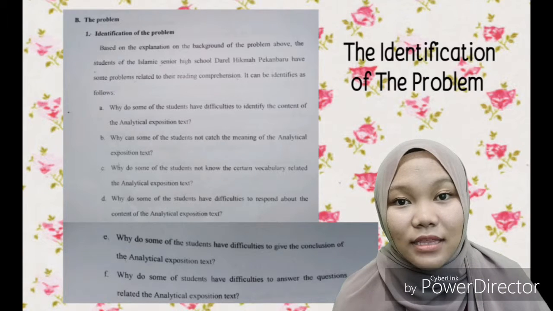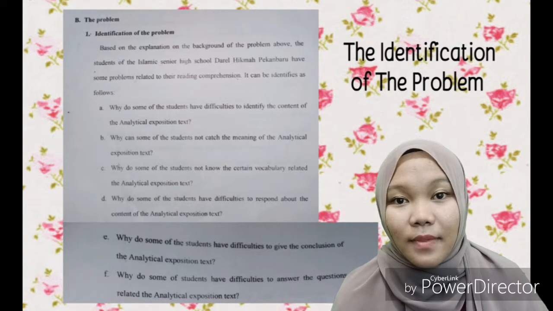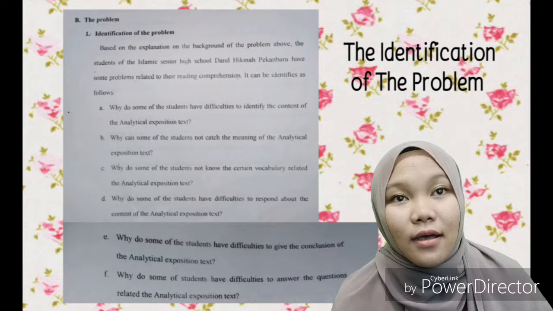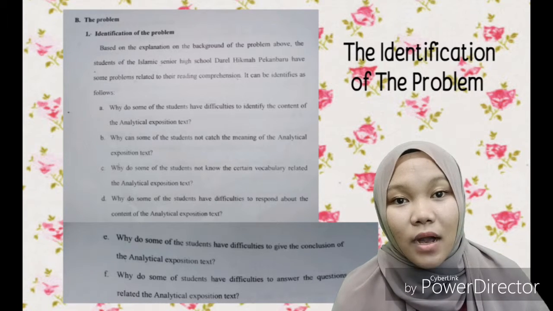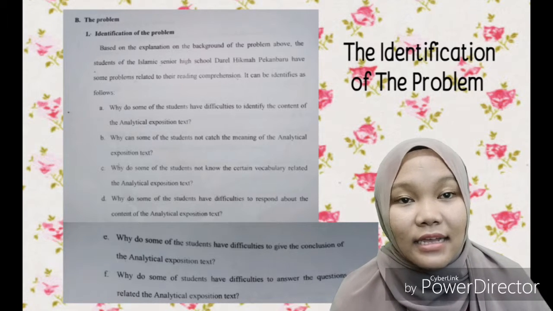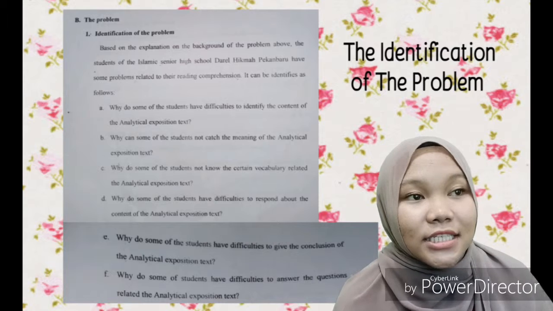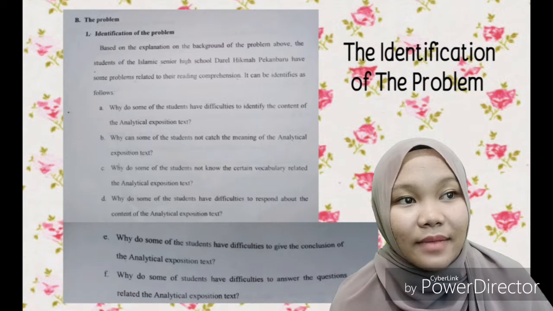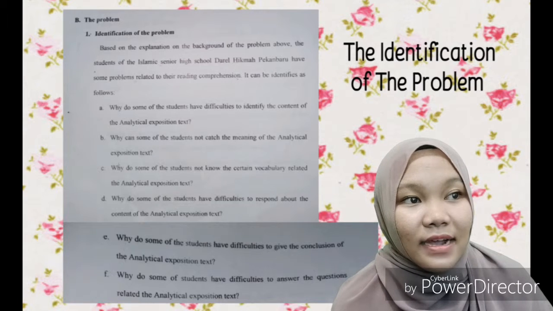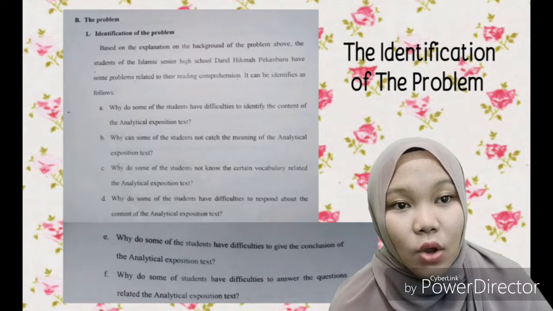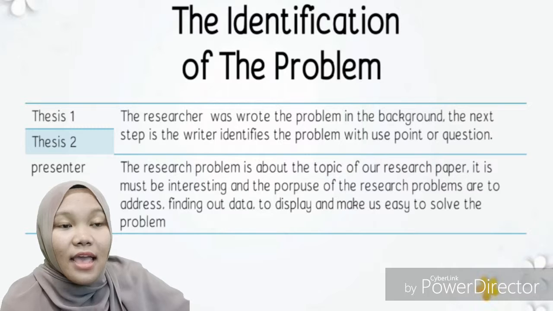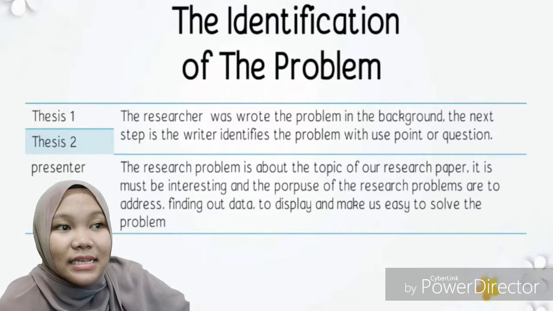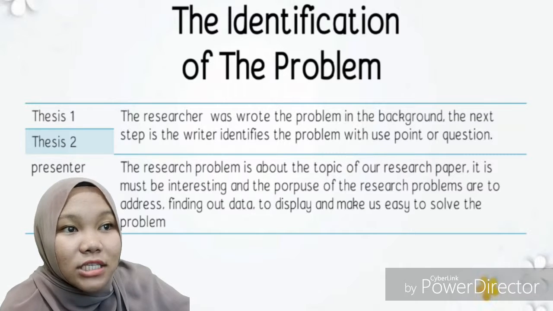And next, about identification of the problem. In the thesis that I analyzed, the researcher wrote the problem in the background. The next step is the writer identifies the problem using points or questions. And from the presenter, the research problem is about the topic of our research paper.